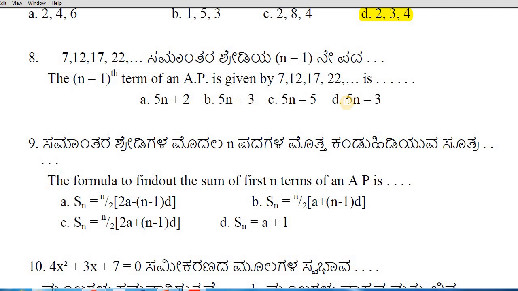So you have to write the nth term formula, that is an equals a plus n minus 1 into d. The a value here we can take as 7, and d value is 12 minus 7, which is 5. In the place of n, you substitute n minus 1 and simplify. So you will get answer D, that is 5n minus 3. Option D is correct.